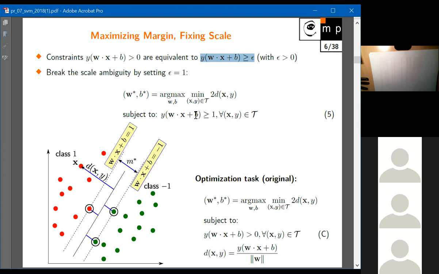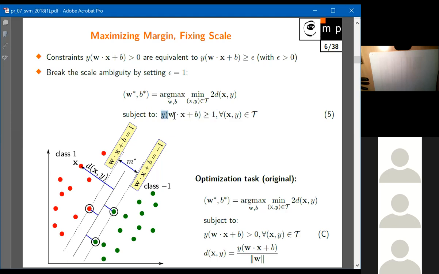Now the 1 is not so important, because if we are greater than any epsilon, we can make w and b smaller. Look at this right side. If it's not large enough, for instance just bigger than 0.5, I multiply w and b by 2 and I satisfy this.